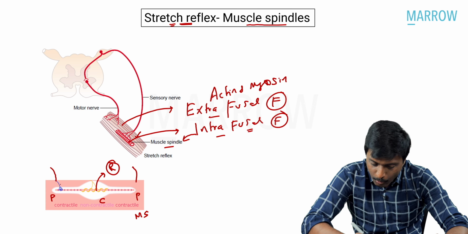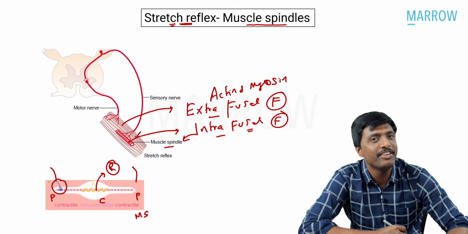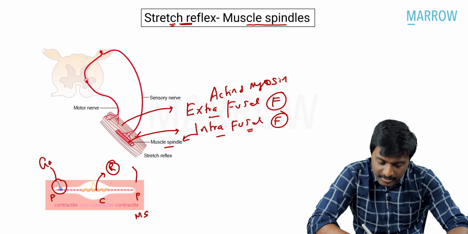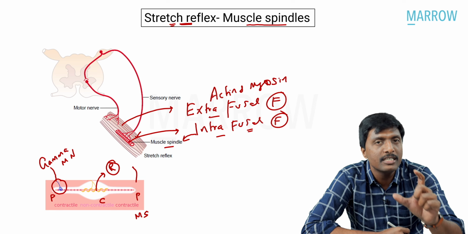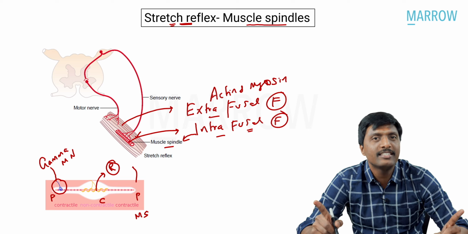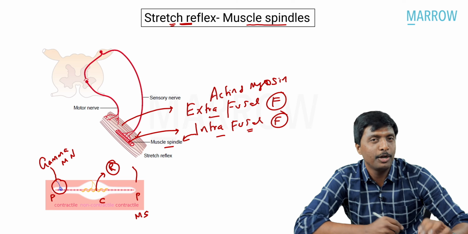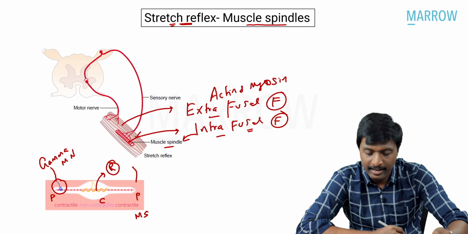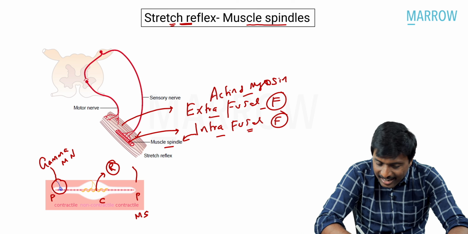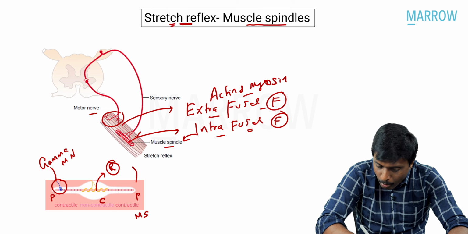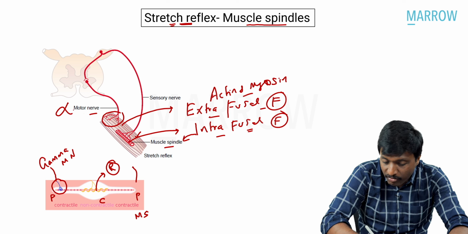Are you seeing the one in the blue color, innervation? What is this innervation, sir? This is my gamma motor neuron. That means intrafusal fibers, muscle spindles, the peripheral ends are innervated by gamma motor neuron. On the other hand, extrafusal fibers, actin and myosin, are classically innervated by a motor nerve, that is my alpha motor neuron.